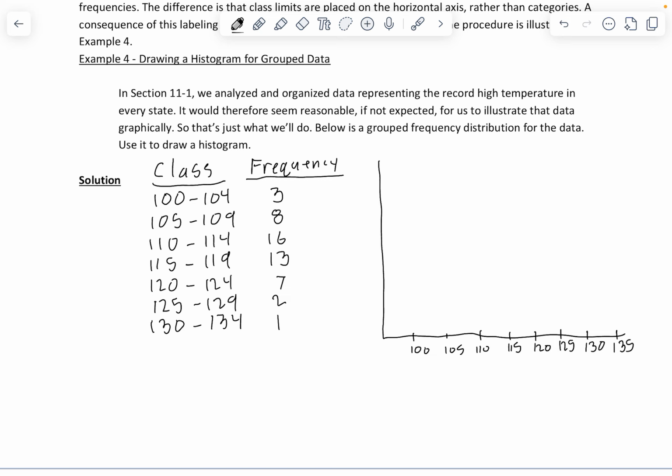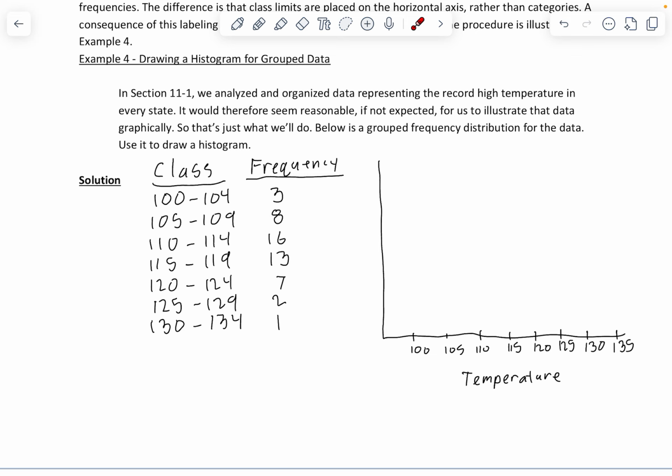My frequency would be along the vertical axis. So this represents temperature, remember that? Because these represent record high temperatures for each of the 50 states. And my frequency, I have to do a numerical scale here, and we just want to choose a reasonable scale to use, whether we're scaling by increments of 3 or 5 or 2, something like that.